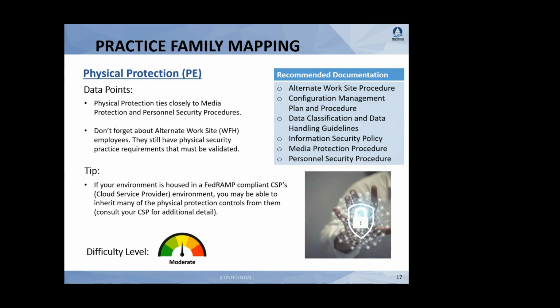So there are certain things that you can do or put in place. One of the things that we did, since we have work from home employees, is that we created an alternate worksite procedure. That procedure tells what they must do from a physical perspective. Their monitor can't be visible from an outside window. They have to have access control in an area.